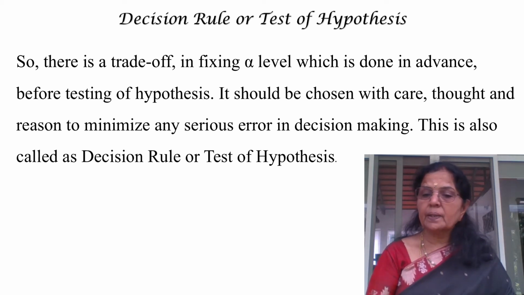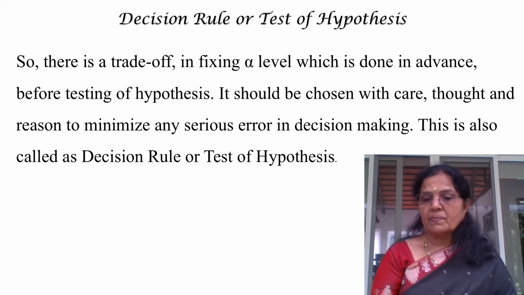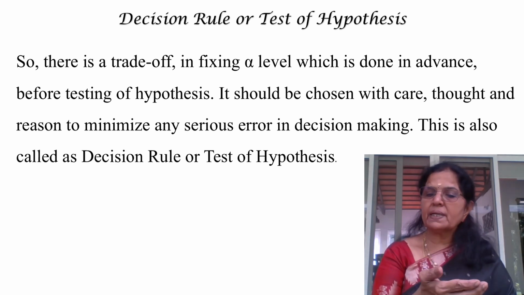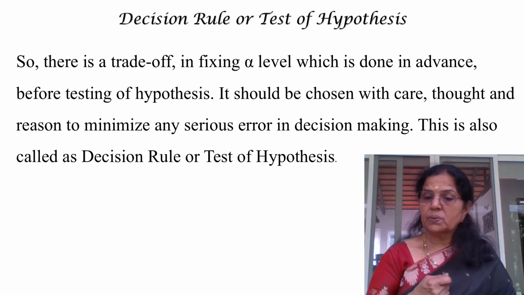Suppose it is type 1 error you want to minimize: choose that as the null hypothesis and keep the alpha level very low, so that it will reduce type 1 error and increase type 2 error. But suppose your type 2 error is more serious, then keep the alpha at the highest level so that type 1 error will be increased but type 2 error will be reduced. So they are corresponding.